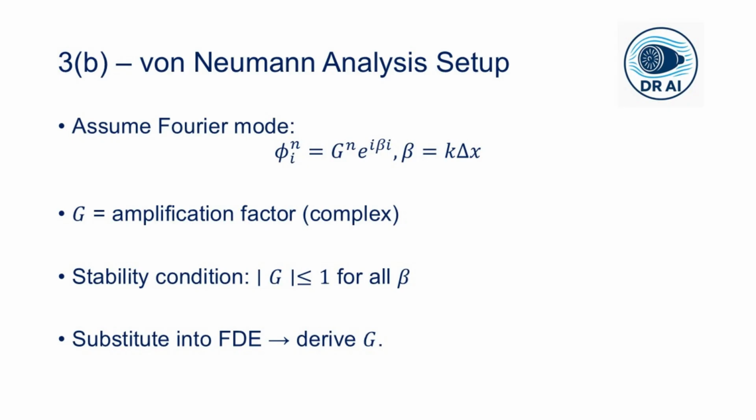The stability condition is that the modulus of g is less than or equal to 1 for all beta.